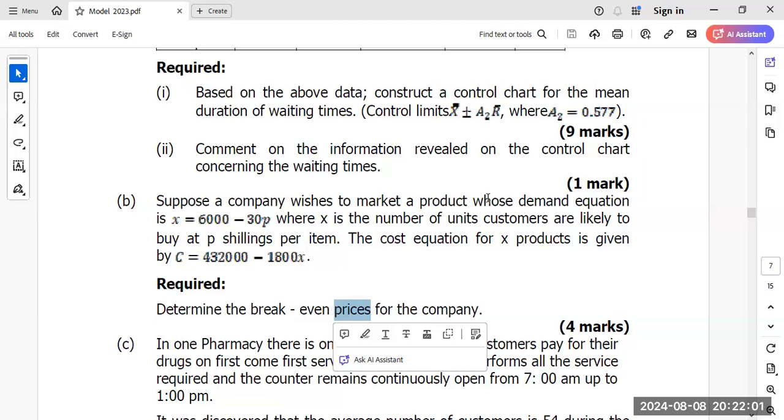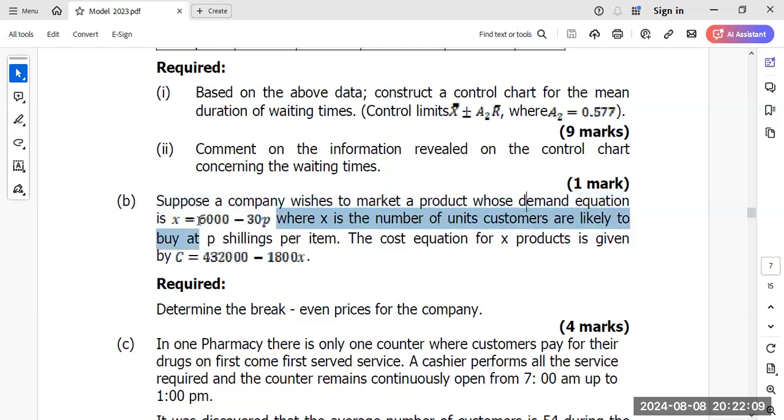So whenever you're given a demand function expressed in terms of price, your role is to get total revenue. You are going to get total revenue from the demand function.